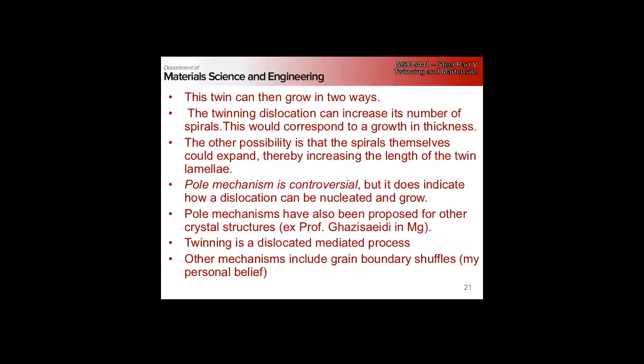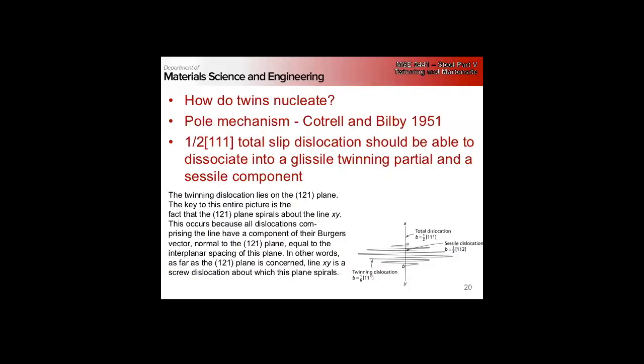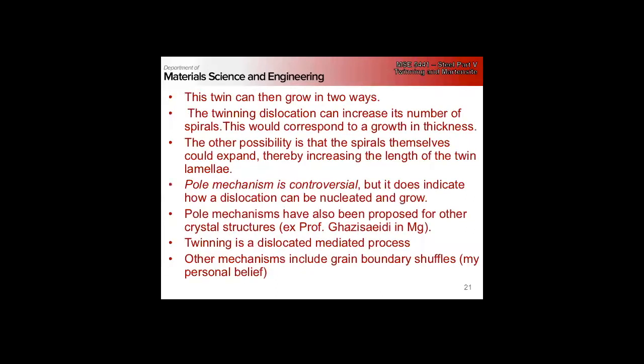We can either increase the number of spirals, meaning this further dissociates this way, right? That corresponds to a thickening of the twin. Or the spirals can become longer in extent, and that corresponds to an increase in the length of the twin.